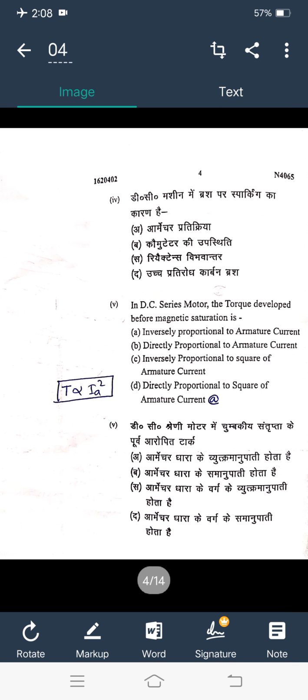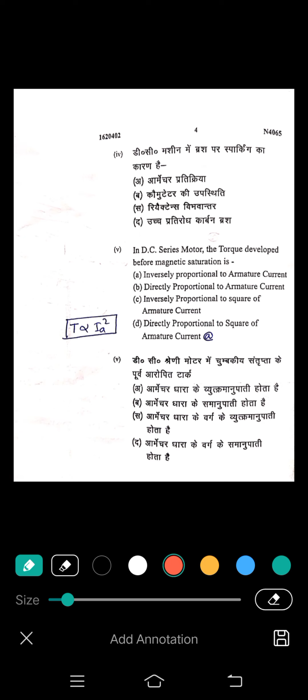Question number 5: in a DC series motor, the torque developed before magnetic saturation is. For a DC series motor, the starting current is very high, which means the starting torque is very high, because torque is directly proportional to the square of the armature current.